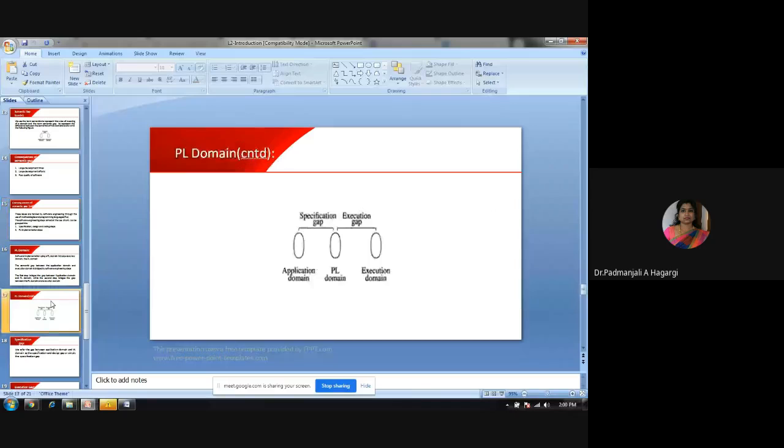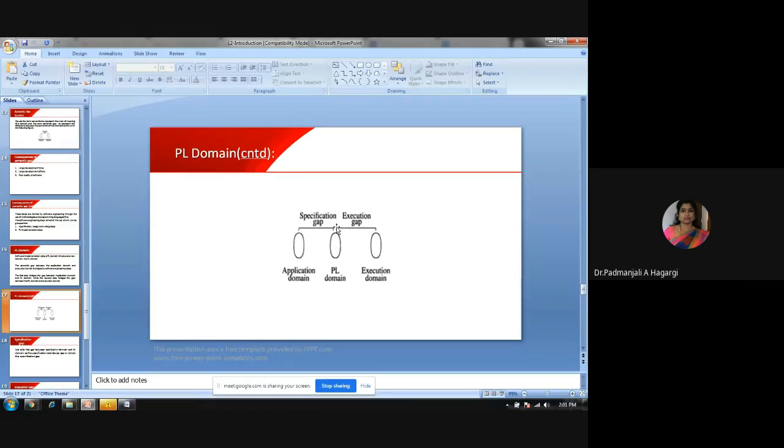Yeah, this one. So we have studied two specific aspects of the programming language, that is two gaps: the specification gap and the execution gap. The specification gap existed between the application domain and the programming language domain, and the gap between the programming language domain and the execution domain was called the execution gap.